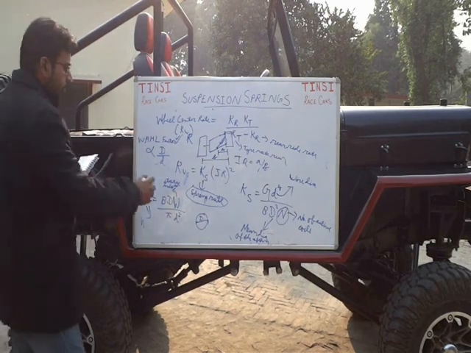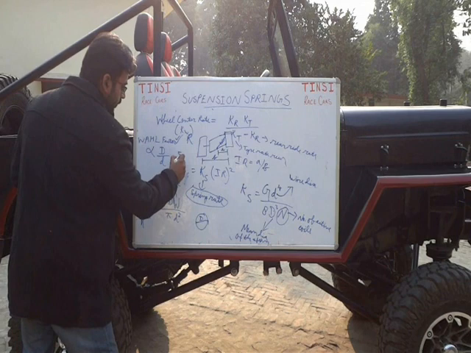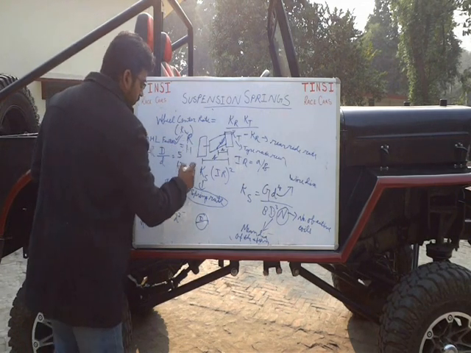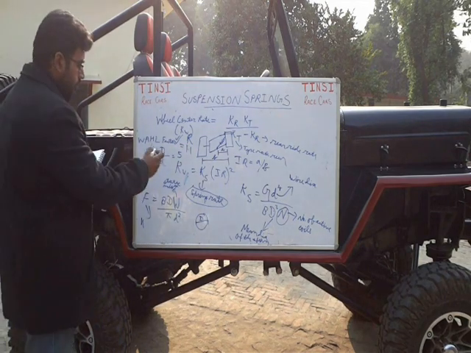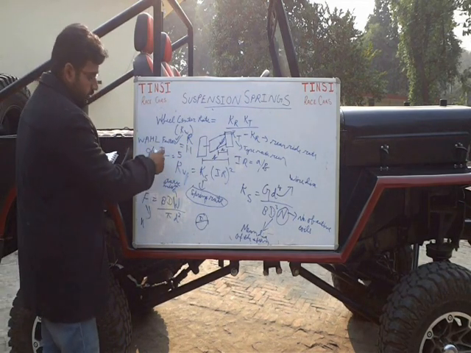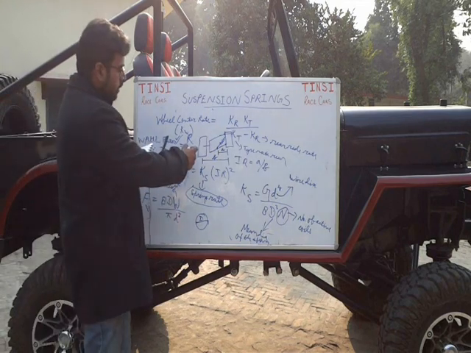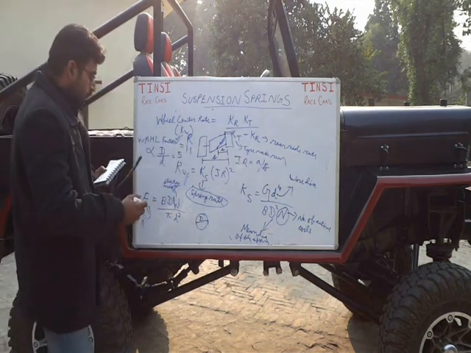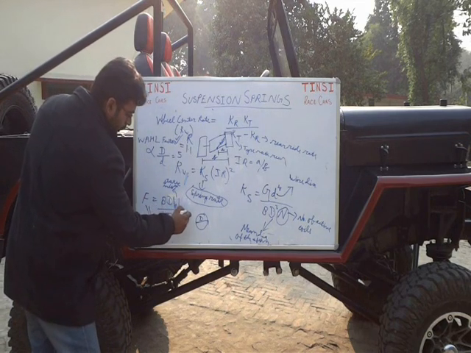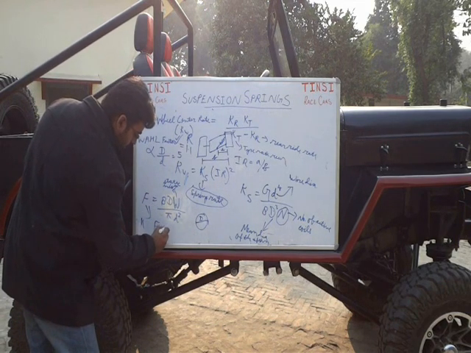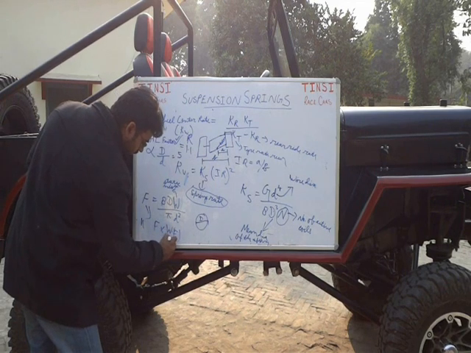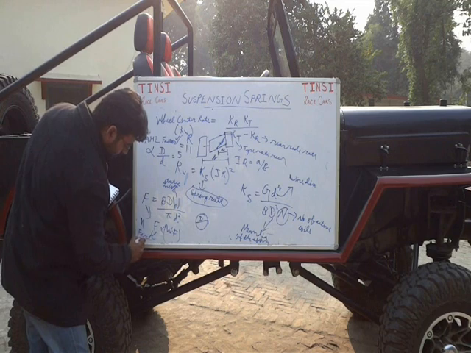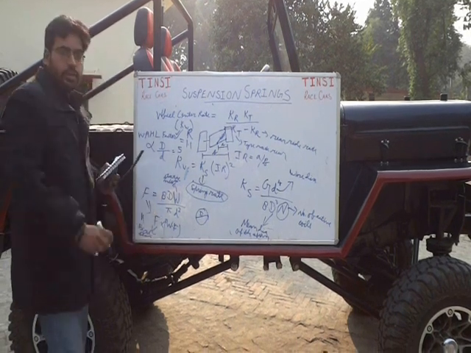So if our D by d is 5, the wall factor comes out to be 1.1. Okay, so now see, we have a very big ratio here, D by d, but our wall factor is increasing by only 10%. So what this means is, we multiply F into the wall factor. This is our final stress that we'll design the spring for.